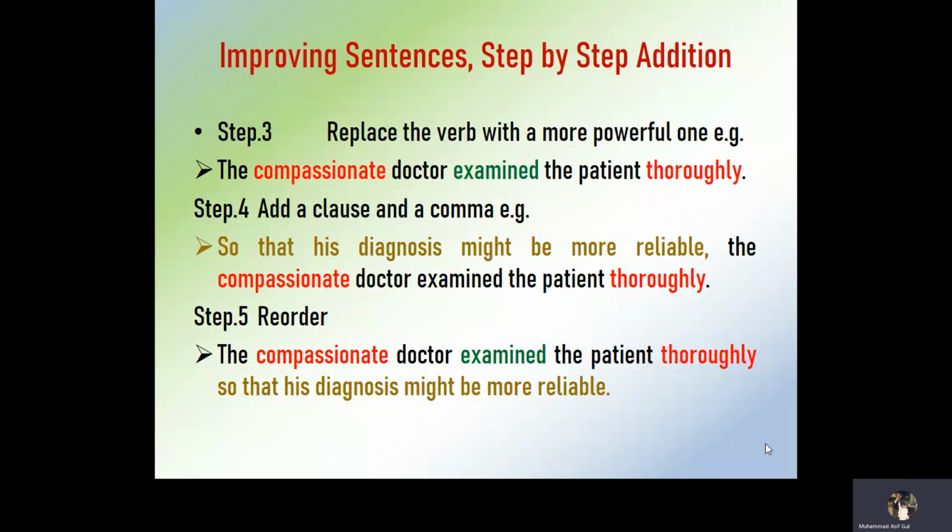The compassionate doctor examined the patient thoroughly. We will now reorder it, and the sentence becomes the compassionate doctor examined the patient thoroughly so that his diagnosis might be more reliable.